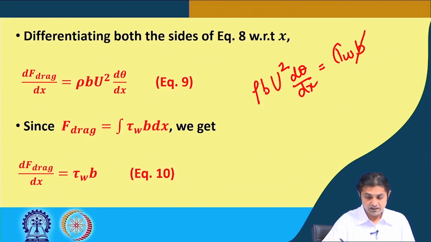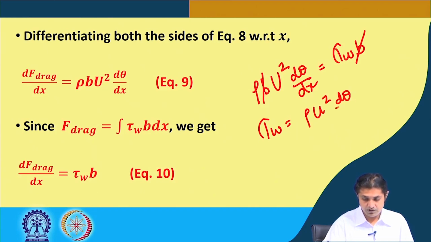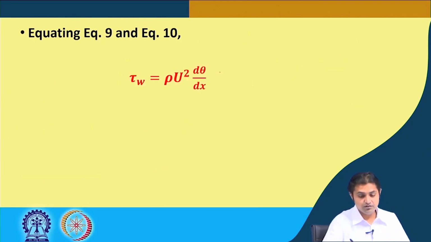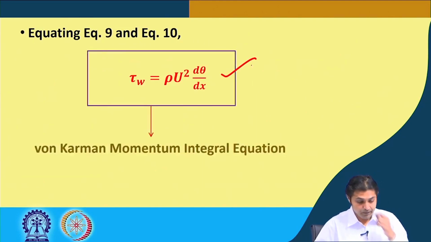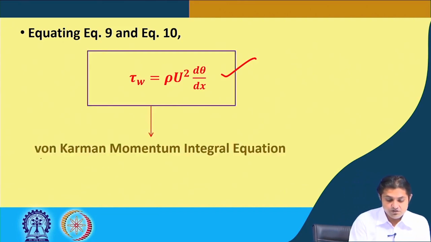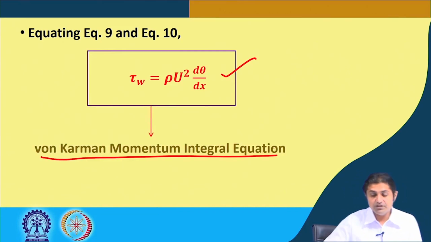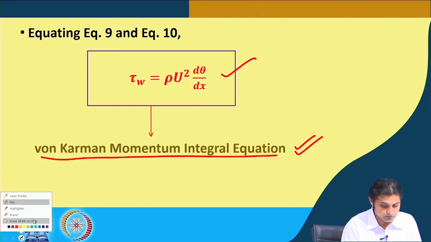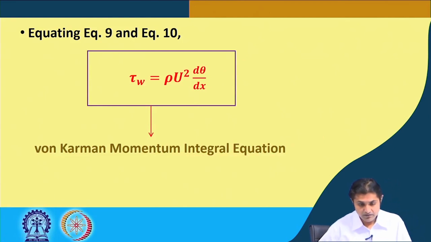So, b will get cancelled here, right. So, tau w will become rho U square d theta dx. Alright. So, this is what it is written here. And this famous equation is called von Karman momentum integral equation, a core component of this module and the hydraulics in general.